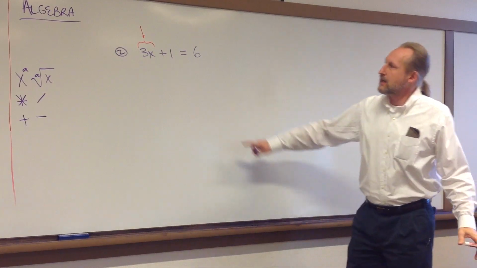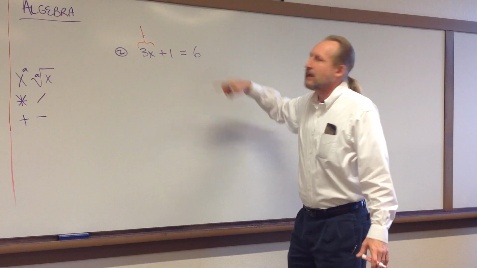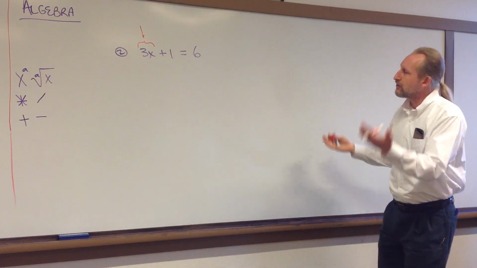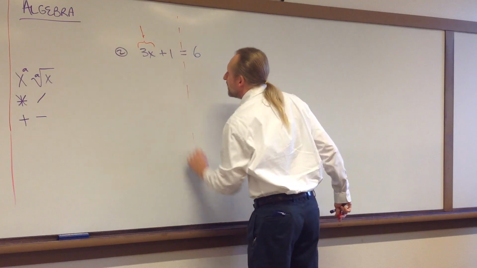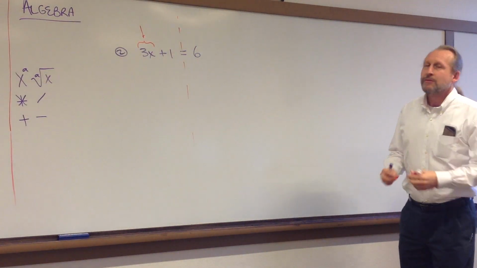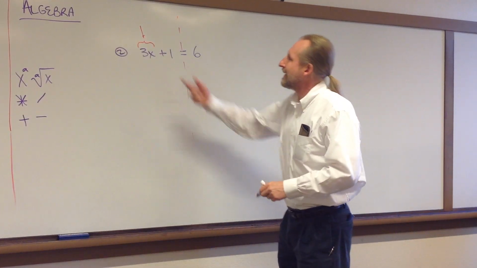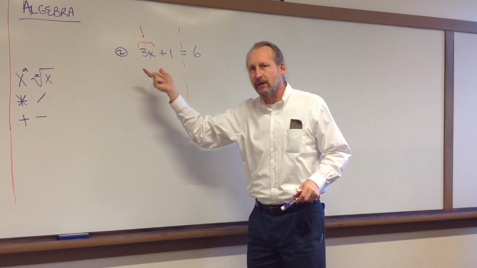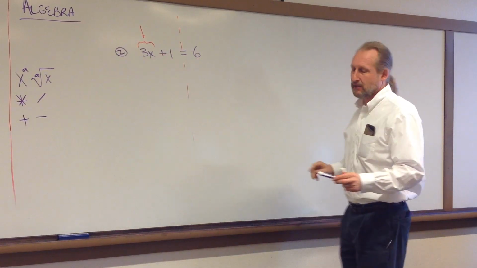The x is here, it's getting multiplied by 3, then we're adding 1, and we're getting an answer of 6, and those two sides are in balance with each other, right? Here are the two sides of the equation. So, my suggestion about solving these equations is to first get this piece by itself, and then after that, we can worry about getting the x by itself, okay?